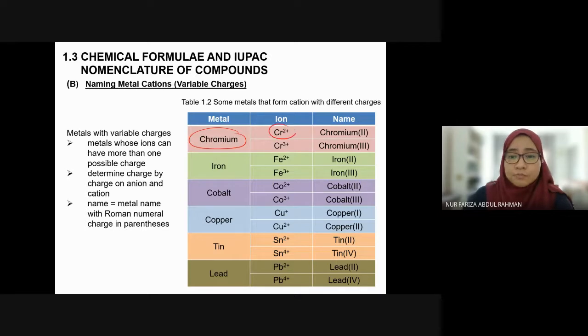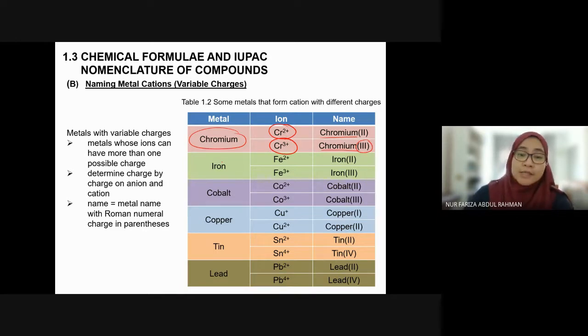We have Cr2+ and also Cr3+, so two charges for chromium. How do we name this metal? Cr2+ should be named chromium(II), and Cr3+ should be named chromium(III). So the bracket represents the charge of the metal in Roman numeral form.